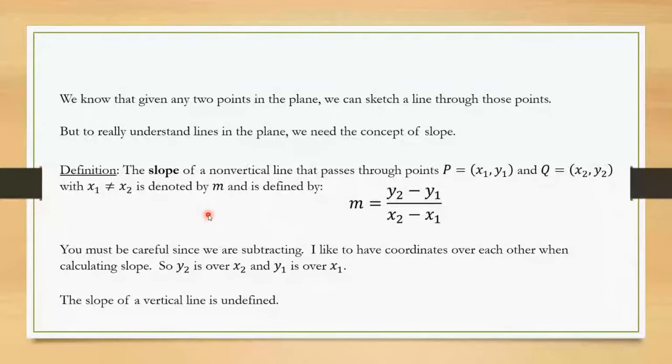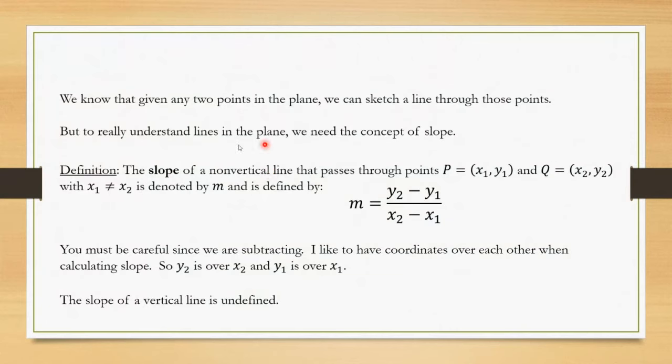So we already know that if you take any 2 points in the plane, you can always connect them by a line, a straight line, that is. But again, to really understand lines, we need the concept of slope.